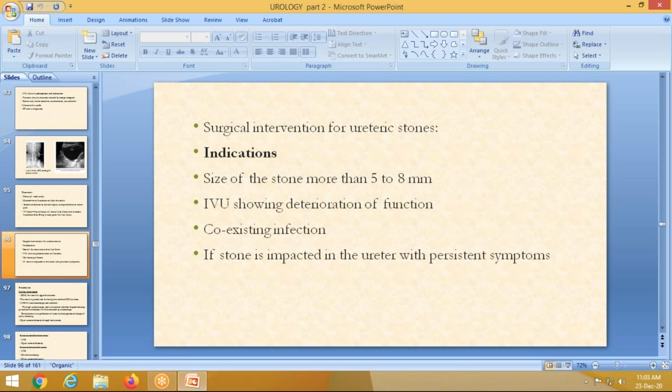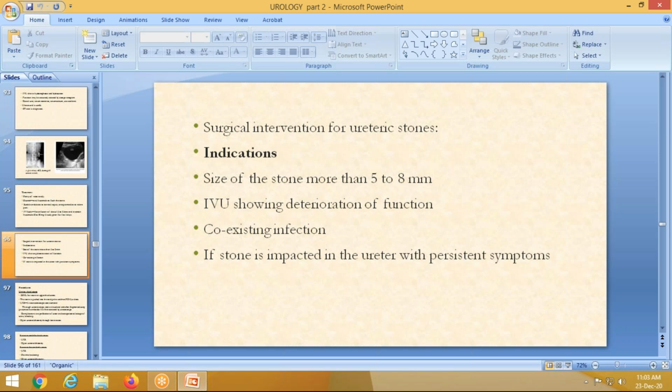Sometimes a ureteric stone of more than 1 centimeter may be impacted, so that it may lead to hydronephrosis or hydroureter. These are the complications that may develop. So these are the conditions where surgical intervention is needed.